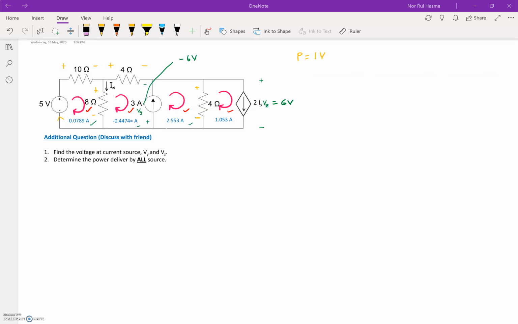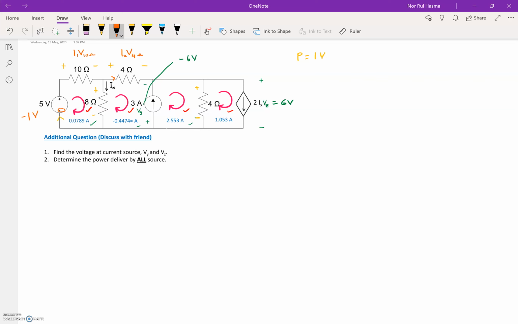The equation for the 5-volt voltage source will be P equal to negative IV because the current is entering from the negative. So from here, IV for the 10 ohm: I select the current flowing through the resistor. So IV is for the 4 ohm, here the current will be I2. This one is I1.